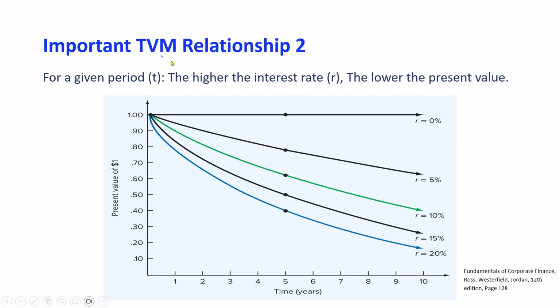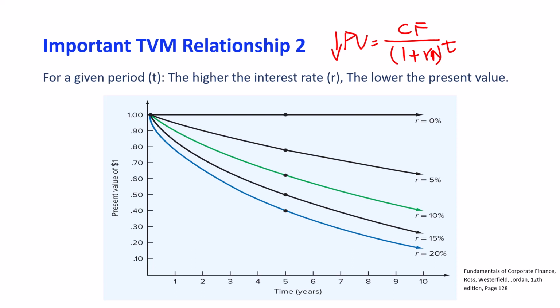Now, let's look at the second relationship. For a given time period, the higher the interest rate, the lower the present value. It makes sense because if you look at the present value formula, cash flow over 1 plus r to the power of t, for a given t, the higher the discount rate, the lower the present value, because they have an inverse relationship. There's always an inverse relationship between present values and discount rates.